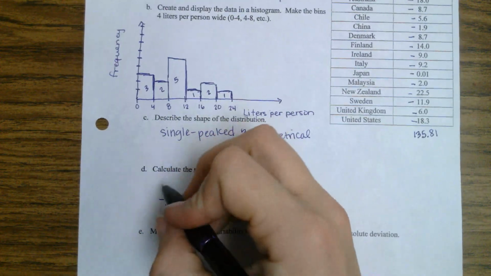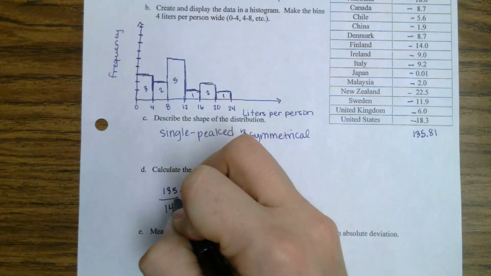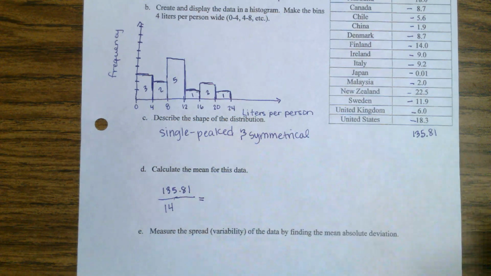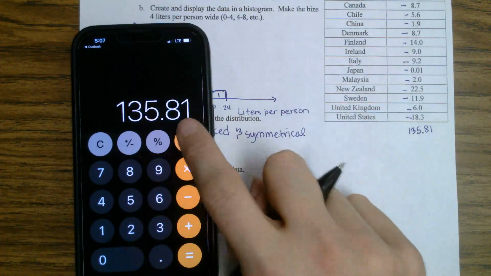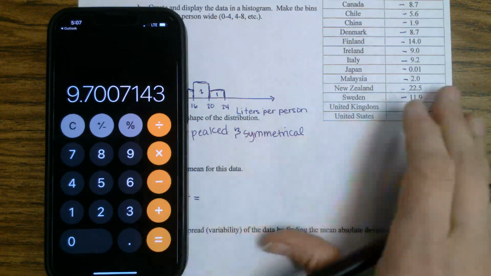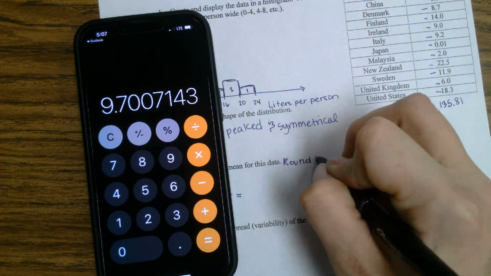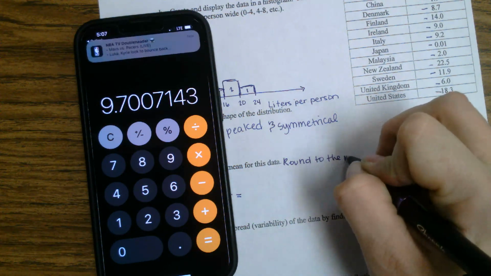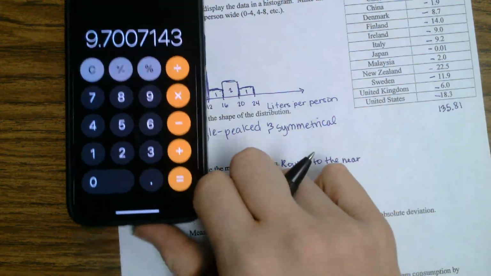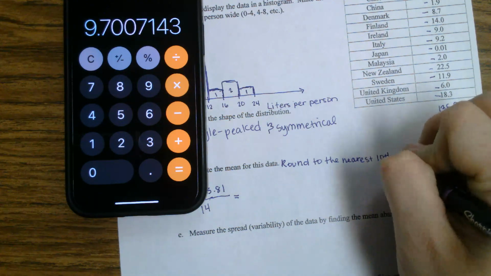for part D, I'm calculating the mean. It's 135 and 81/100 divided by 14. I have this number. Now, I want you to round to the nearest 10th.